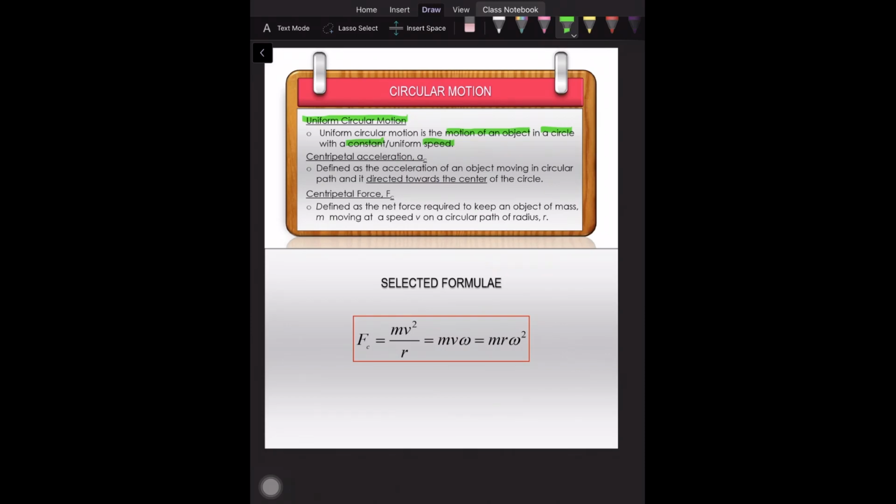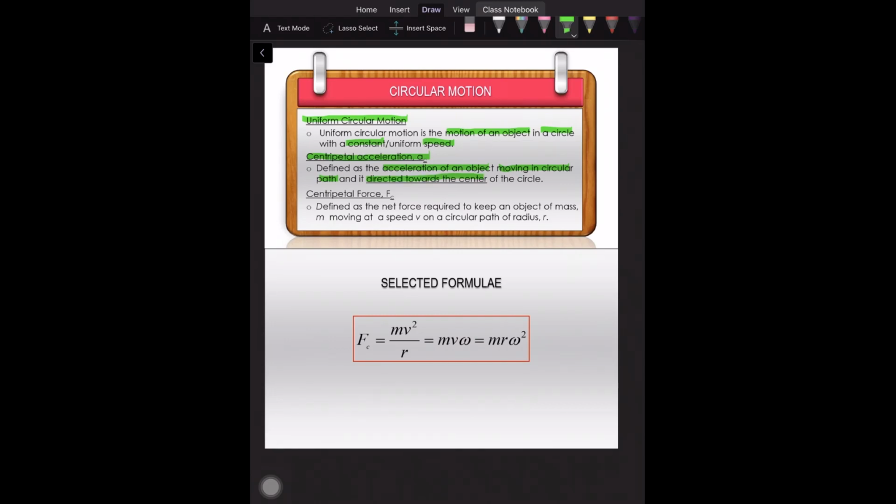Other than that, when an object is moving in circular motion, it will experience a centripetal acceleration. So what is centripetal acceleration? Centripetal acceleration is defined as the acceleration of an object moving in a circular path, and it is directed towards the center of the circle.